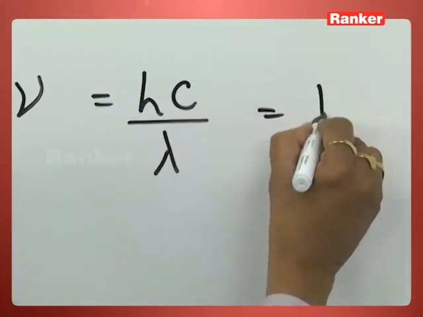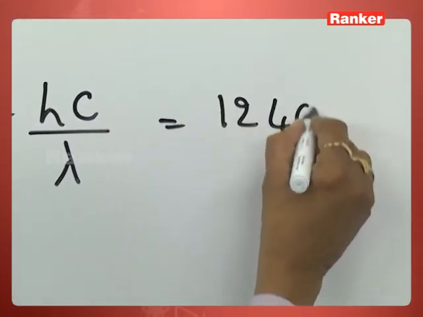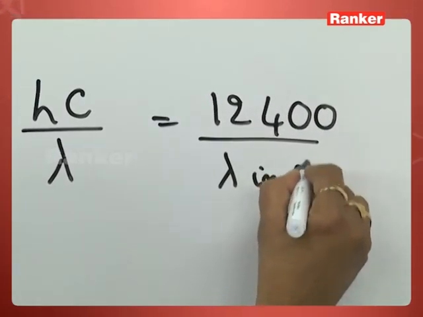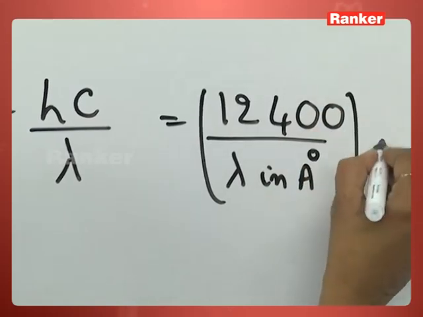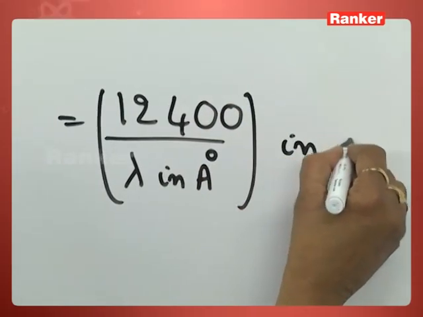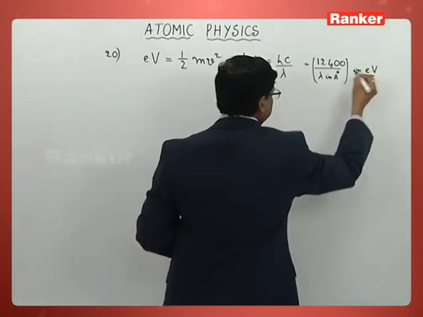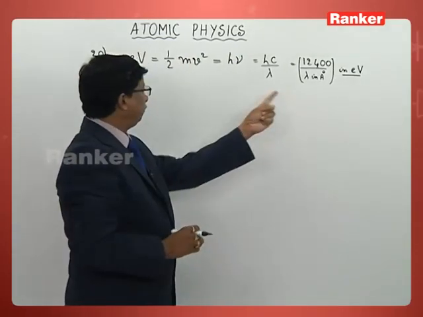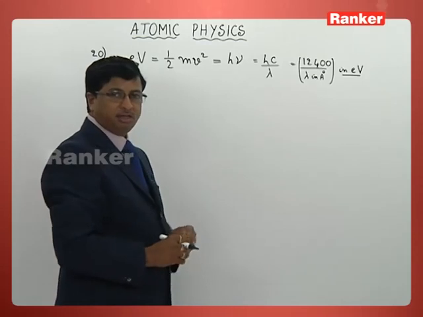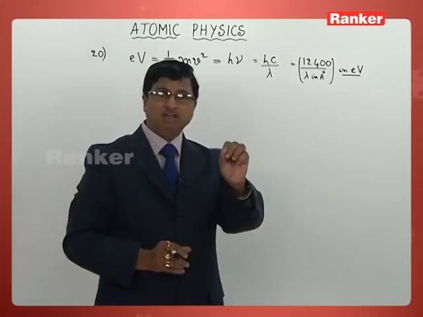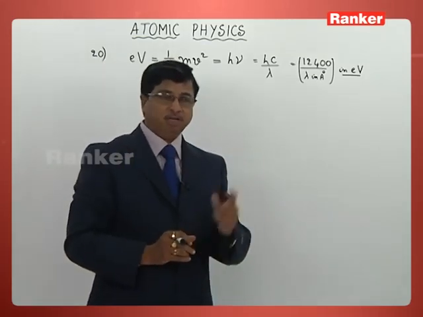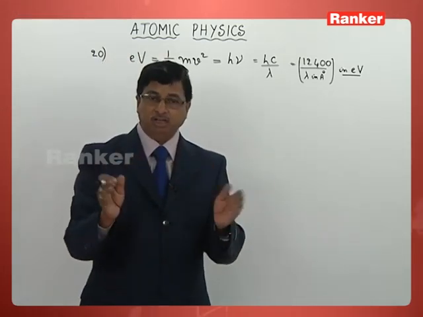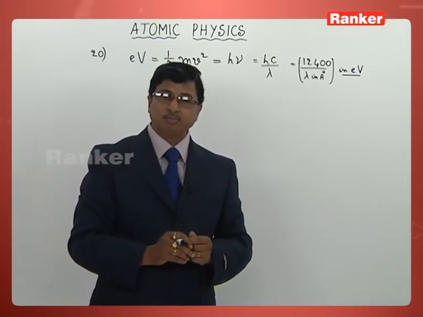That even can be rewritten as 12,400 by lambda taken in angstrom units. Then that answer will be in electron volt. You also know that point well. If you can remember this chain, let the problem be anything on X-rays, by just equating the corresponding values from that chain, you can finalize your answer.